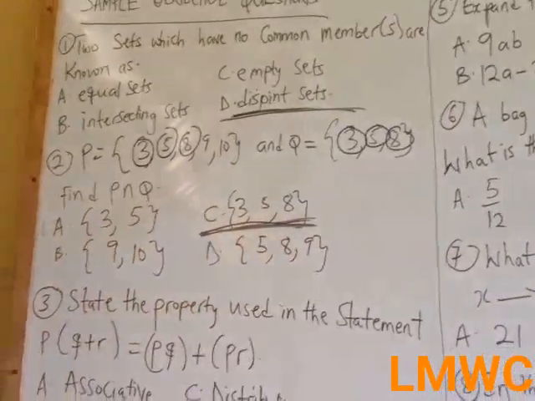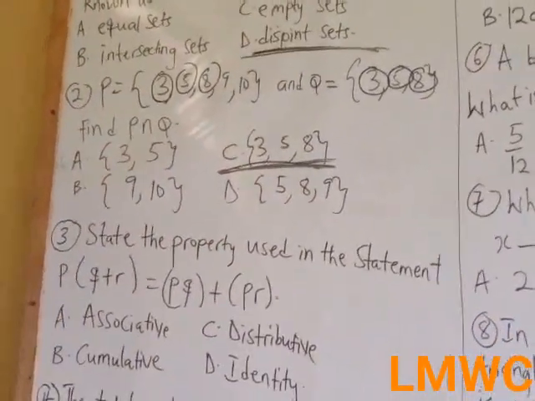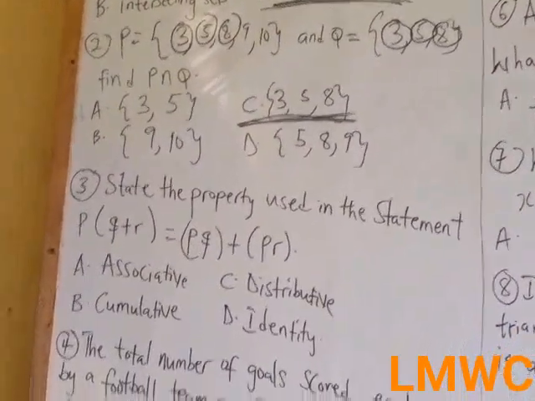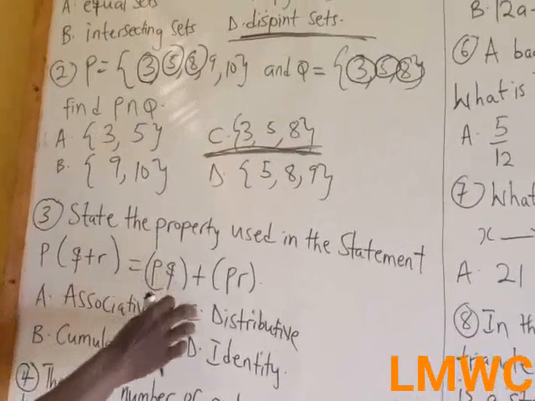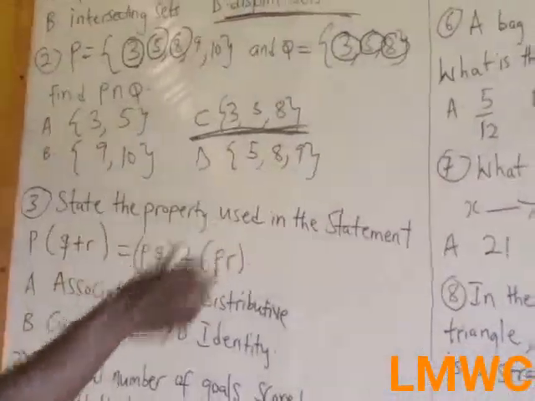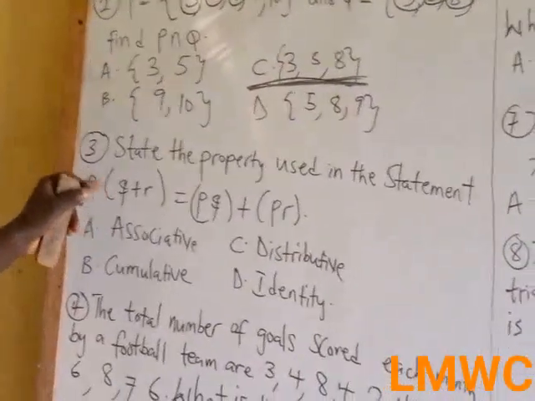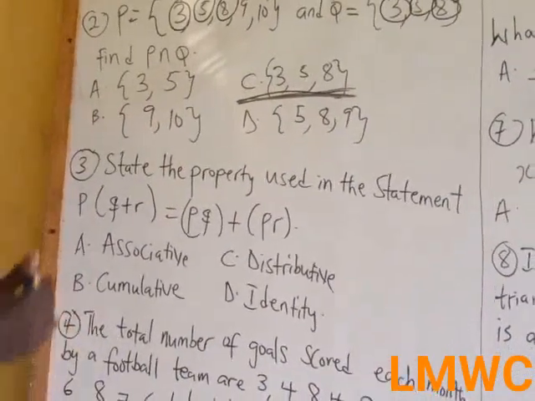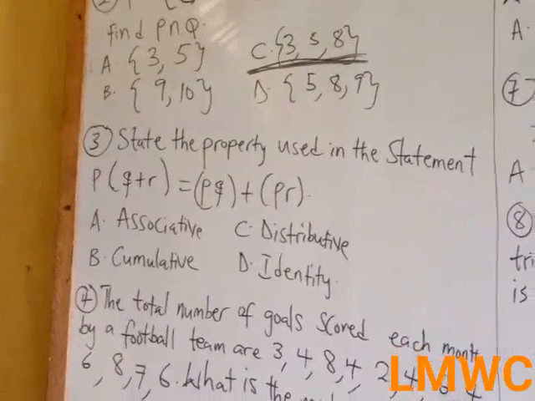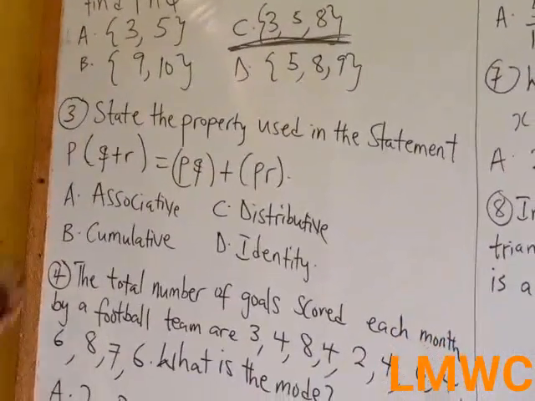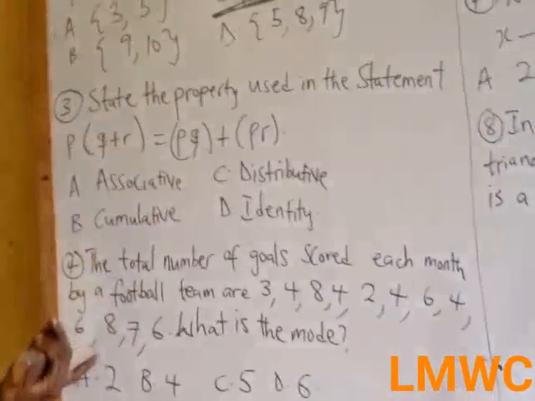Take note. Question 3. State the property used in the statement P(Q + R) = PQ + PR. This is the same as P times (Q + R). And as I said, always if it involves 2 operations and 3 numbers, it is distributive property.